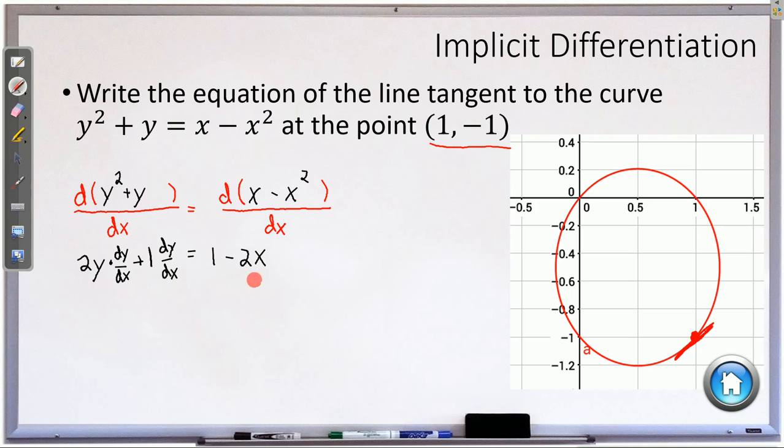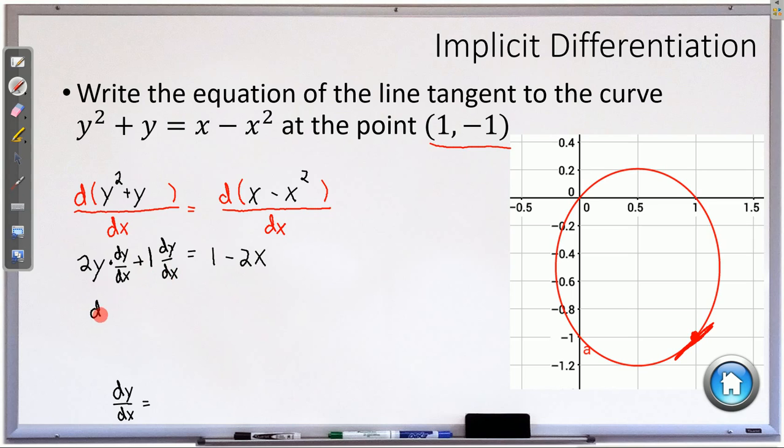So again, if we want the slope, we need the derivative. So we have to get dy/dx. It's going to take a few steps, so I might have to erase this, but we want dy/dx by itself. Now we've got two of them, so how are we going to do this? Well, as you can see, there are two terms, and they both have a dy/dx.